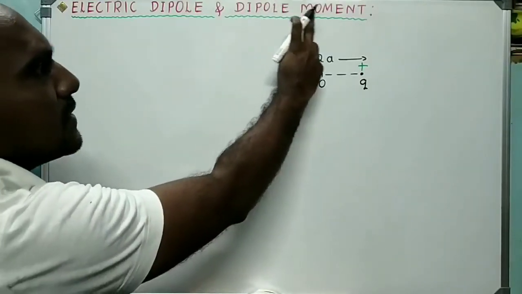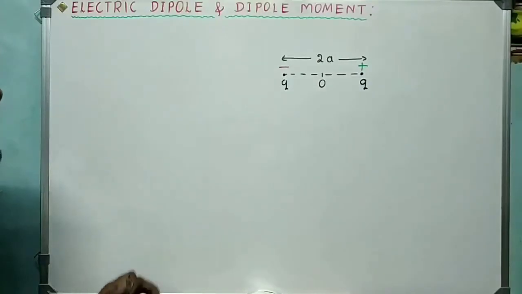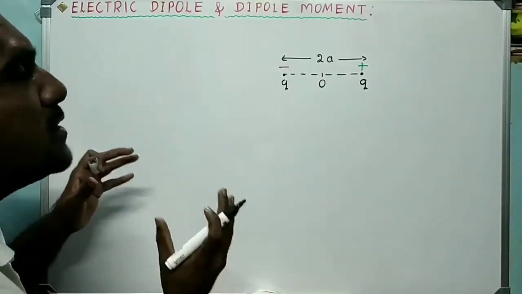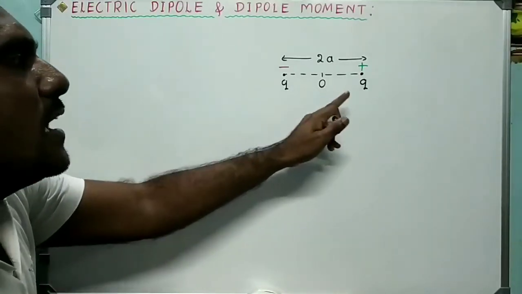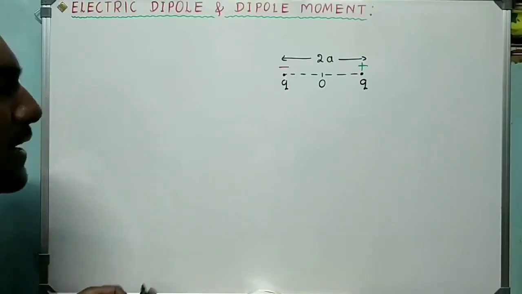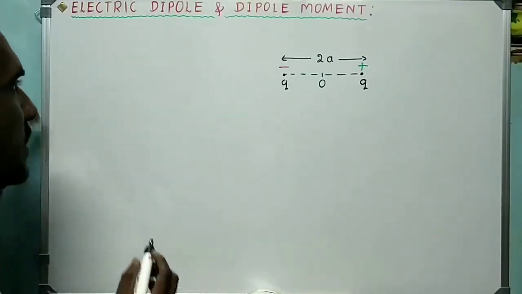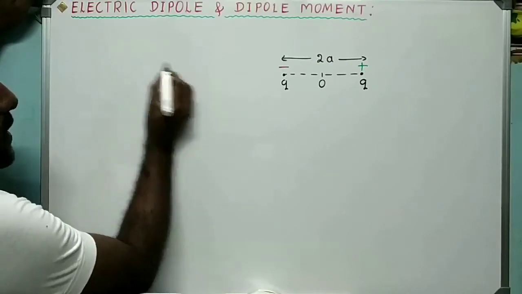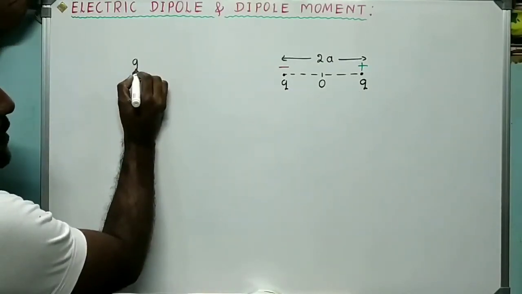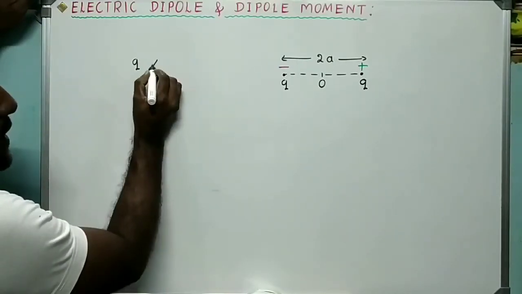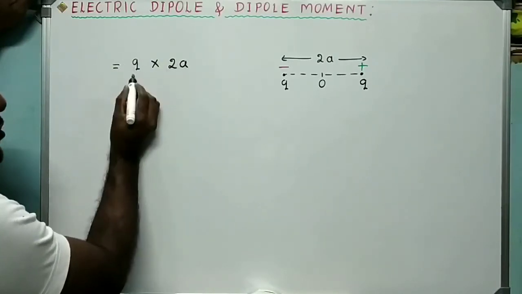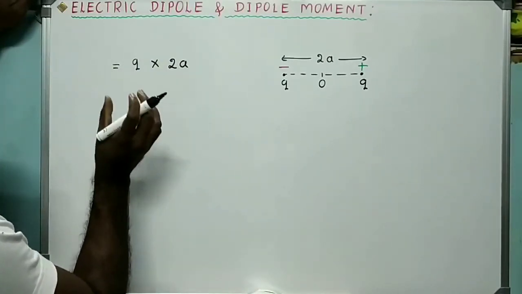Now, to measure the strength of the electric dipole, we use a physical quantity called the electric dipole moment. That is, dipole moment is a physical quantity which measures the strength of the electric dipole. Now let us study how it is calculated. If you multiply the magnitude of either charge, plus or minus Q, into the dipole length, then it gives the electric dipole moment.